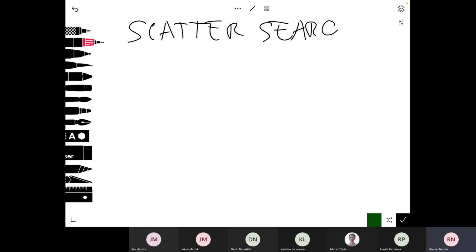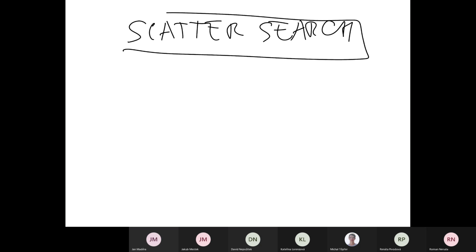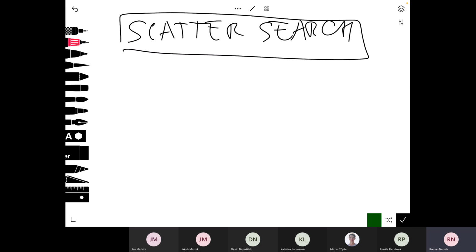And now we'll focus on the second algorithm in our list, and it's called the scatter search. As I've said, scatter search is a global algorithm.